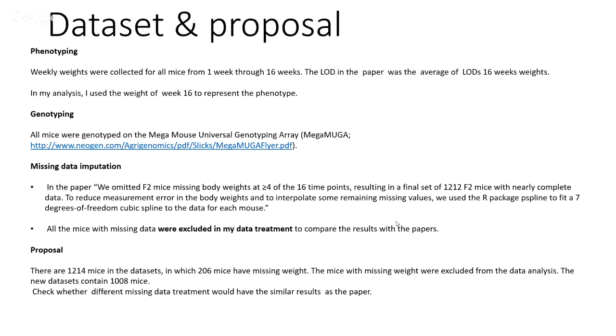The mice with missing weight were excluded from the data analysis. The new dataset contains 1,008 mice. I check whether a different missing data treatment would give a similar result to the paper.